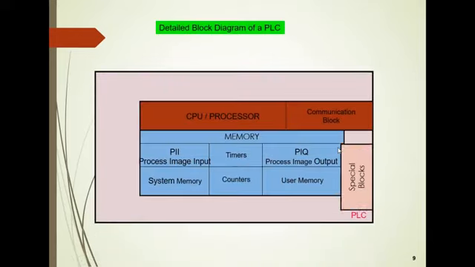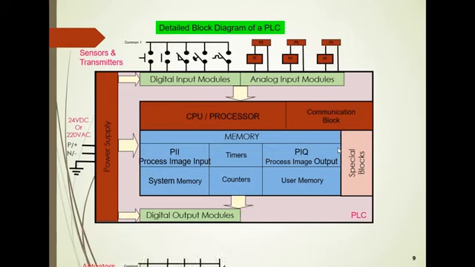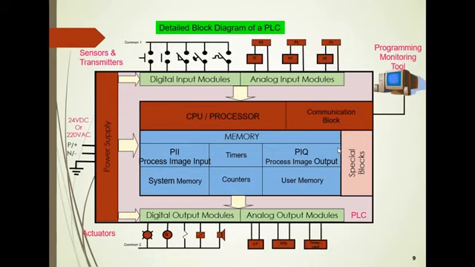Now the detailed block diagram of PLC. Here you can see the simple block diagram of the PLC and how many components it has: digital input modules, analog input modules, digital output modules, analog output modules. In digital input modules you can connect all digital inputs.